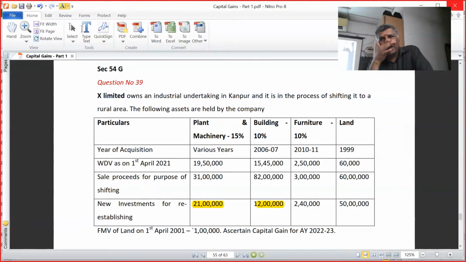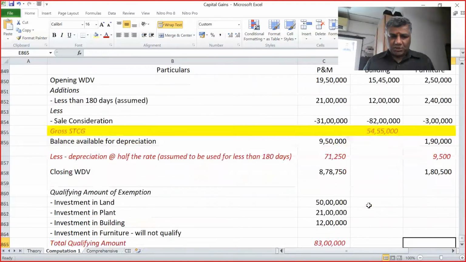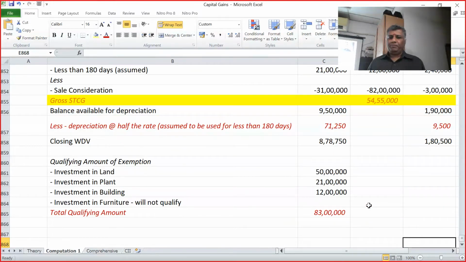Furniture is normal, but this furniture will not be qualifying. This 50 lakhs will qualify. 21 will qualify, 12 will qualify, 50 will qualify. Am I clear to you? So these three things are qualifying.